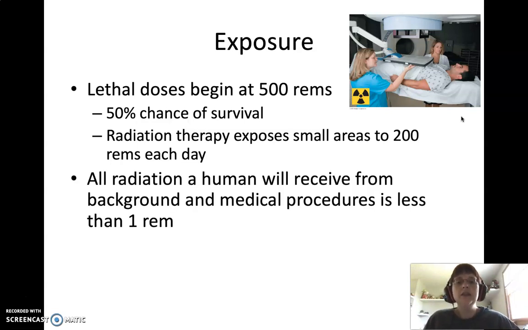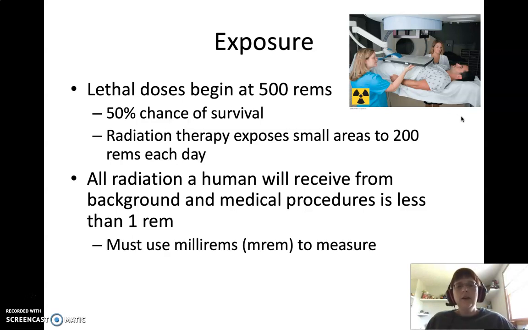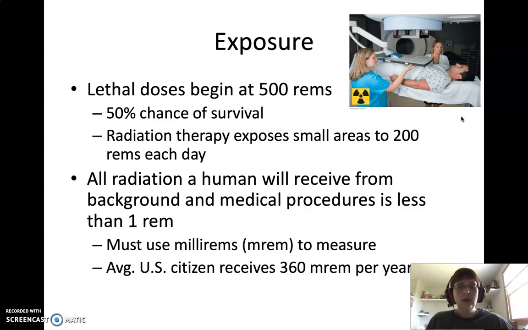So how does this compare to our everyday exposure? Well, all the radiation that you'll receive from background and medical procedures is less than 1 REM. In fact, we have to use millirems to measure our exposure. We can't even really measure it accurately in REMs.